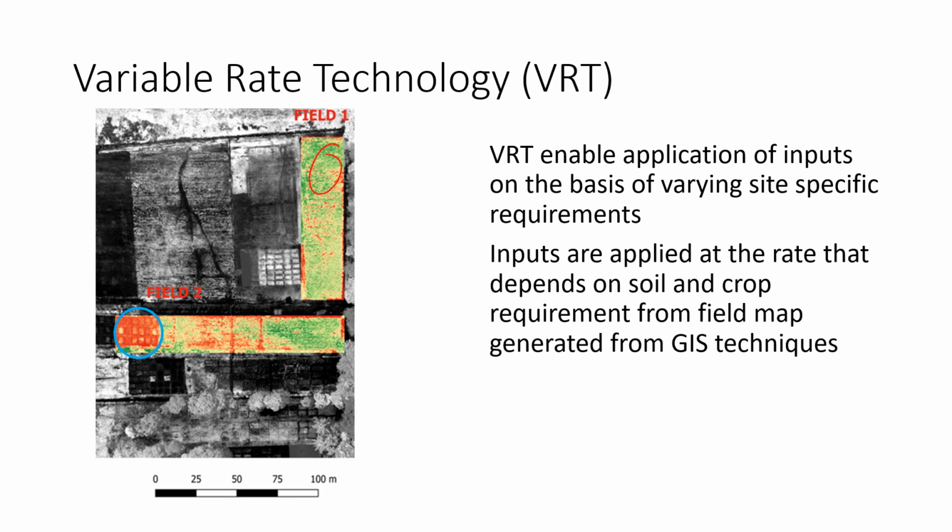Now the fertilizers which were applied in this particular area where it didn't need any were lost. But in this red region, perhaps it needed more fertilizers. But because we didn't apply according to the requirement of this particular spot, the amount of fertilizers which were applied could not cause any response in terms of crop growth.